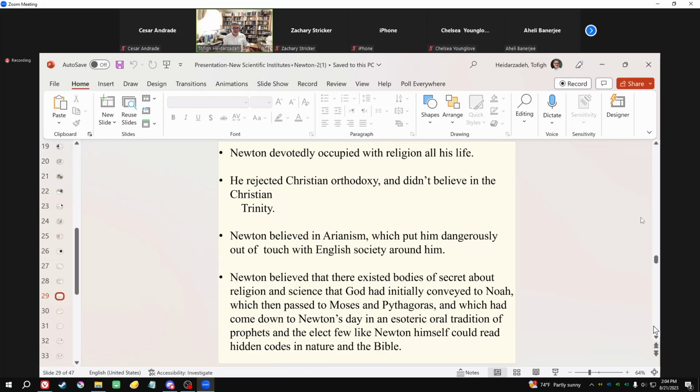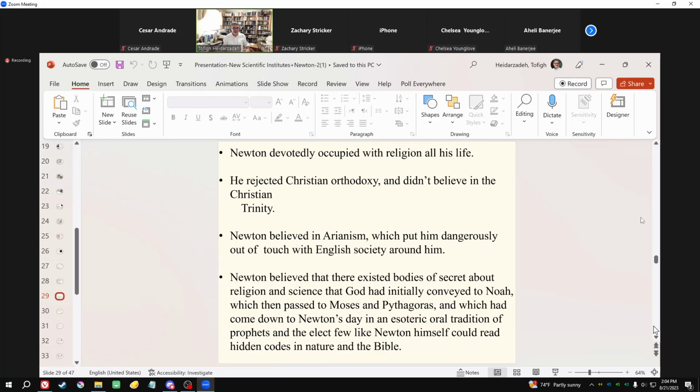Newton's whole life was occupied with religion. He studied the Bible very well. He had different editions and different copies of the Bible filled with a lot of his own notes in the margins. He rejected the Trinity idea, and he was an Arian.